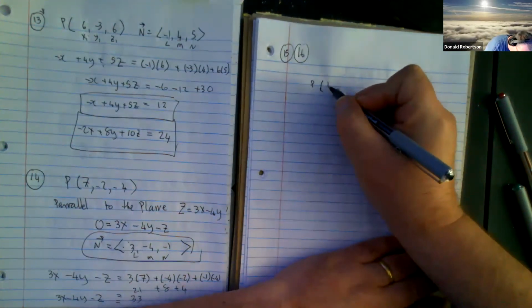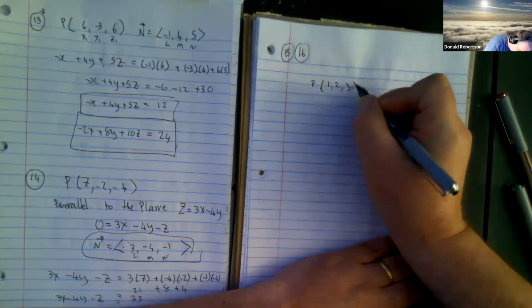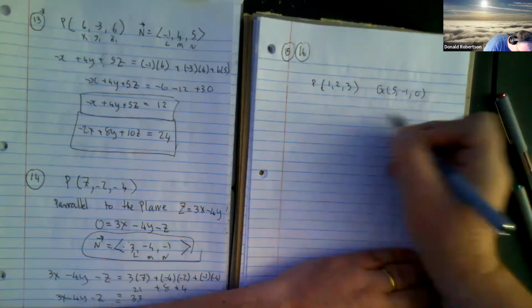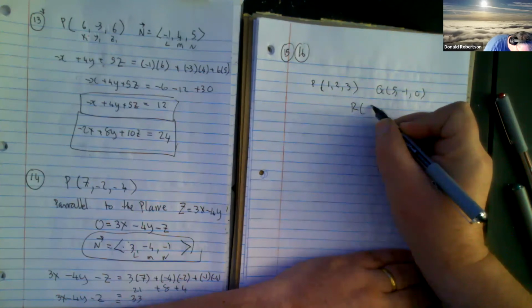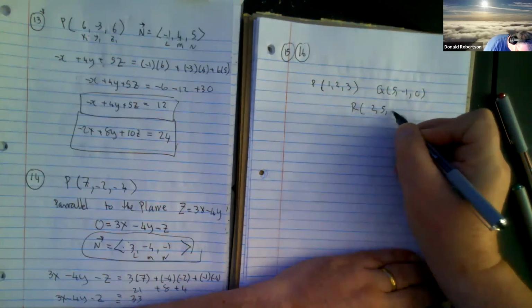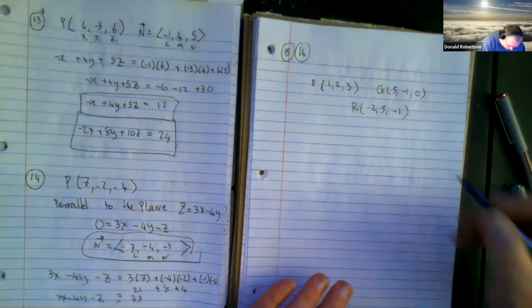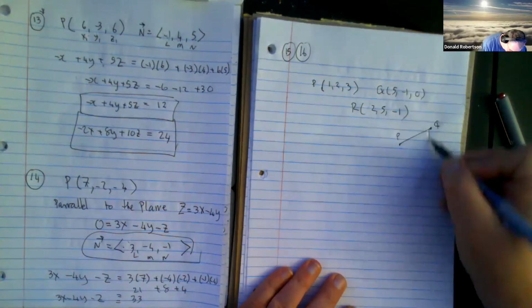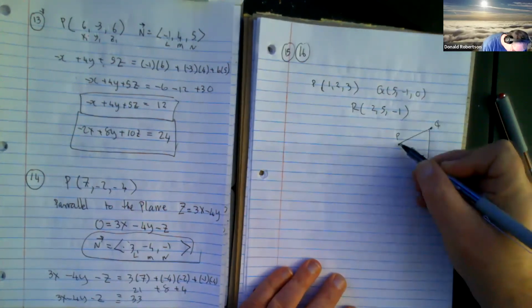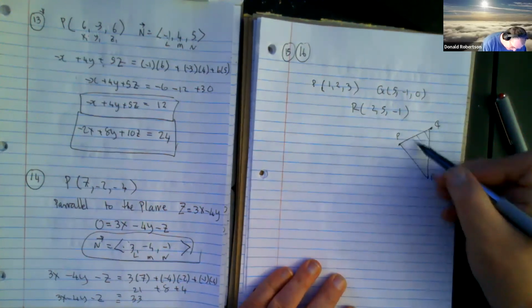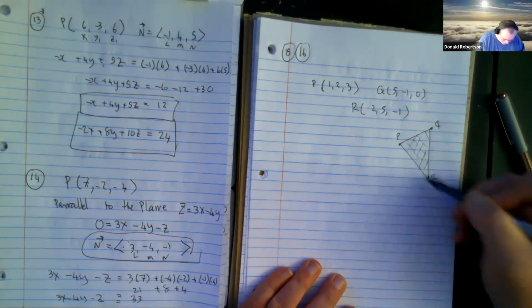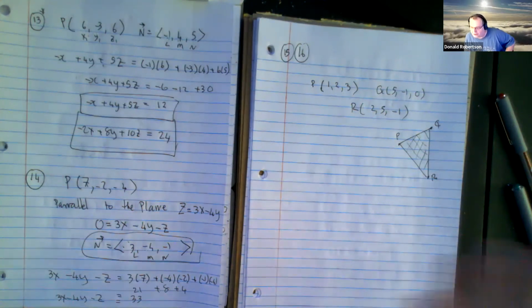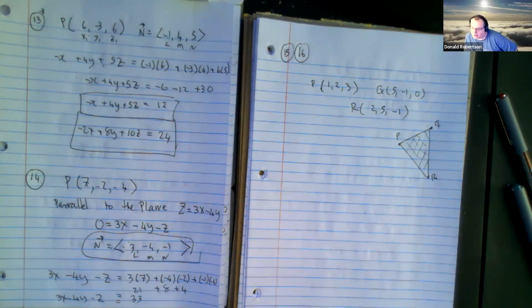Suppose I give you the coordinates of 3 points, P, Q, and R. Now, if you imagine them being written, they might look something like this. Unless you're very unlucky and they're collinear, which means they're all in the same straight line, won't you make a triangle?